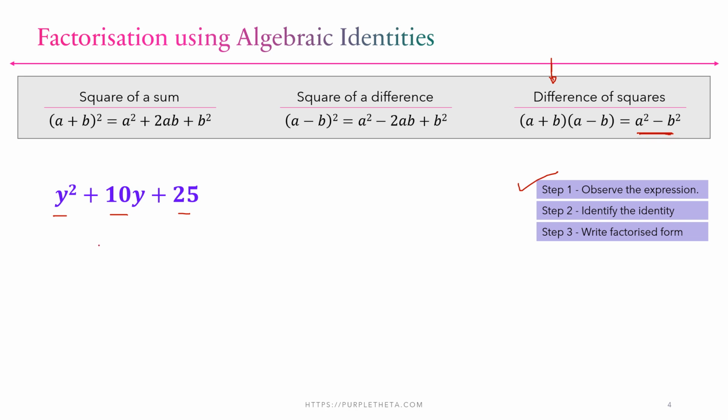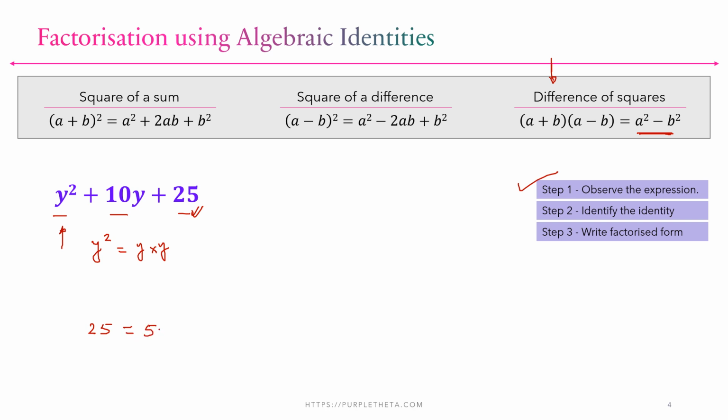Now the first term is y square, right? So y square is a perfect square. y square is y multiplied by y. And the last term, that is 25, is also a perfect square of 5.